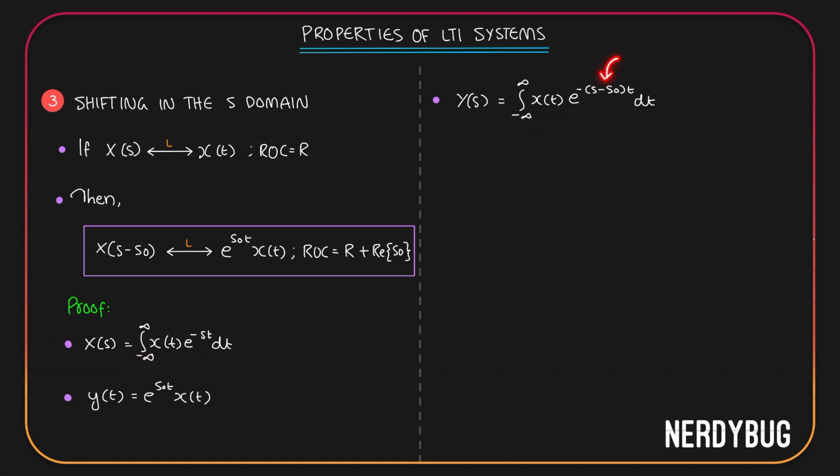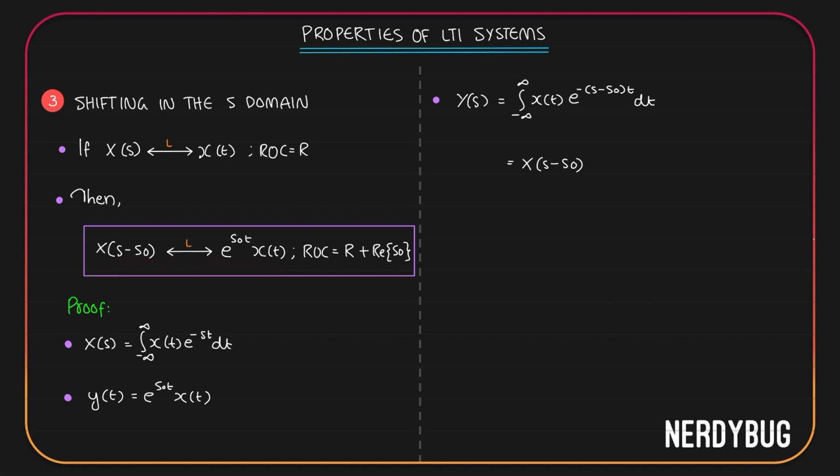Here we have s minus s naught. When we had s, we called it x of s. So when you have s minus s naught, you can easily call it x of (s minus s naught). So Laplace transform of e raised to s naught t x of t is x of (s minus s naught). That is the proof to what we have written over here.